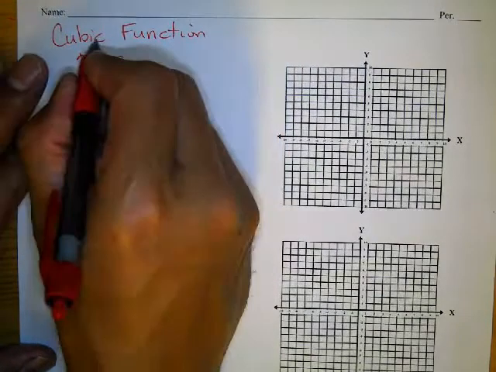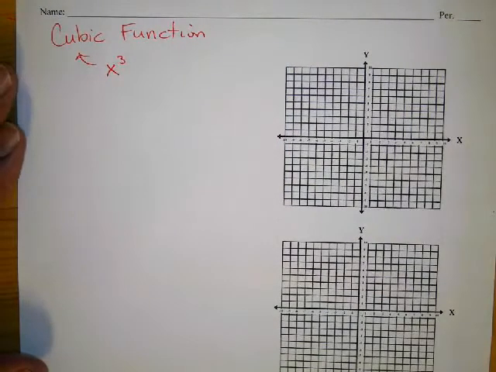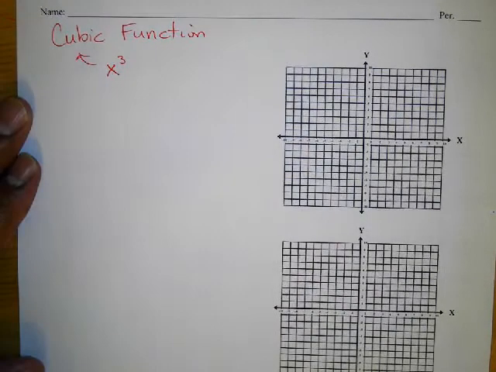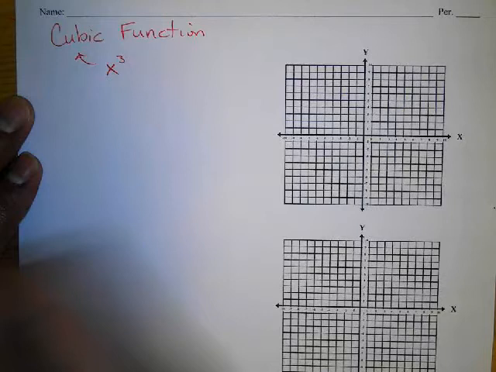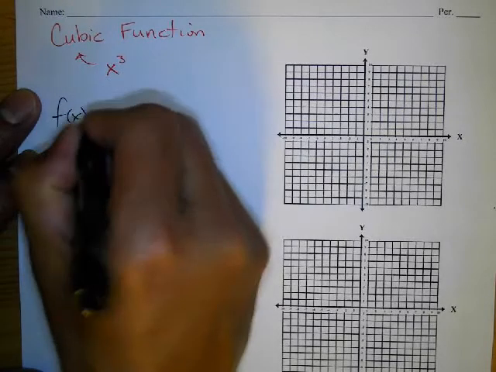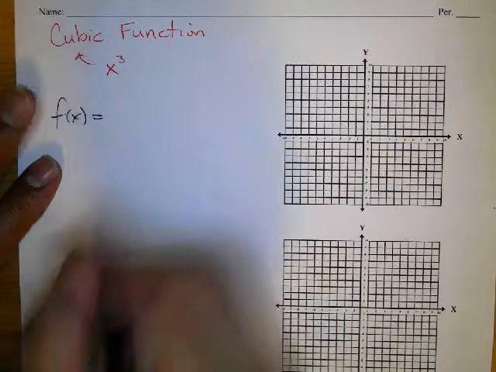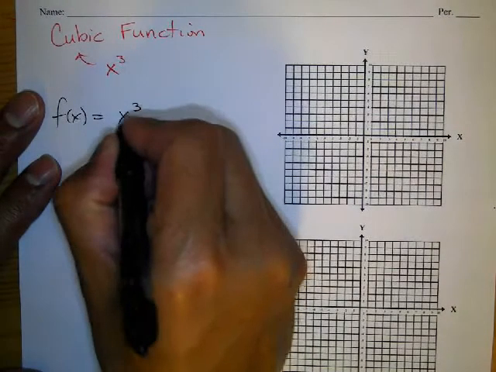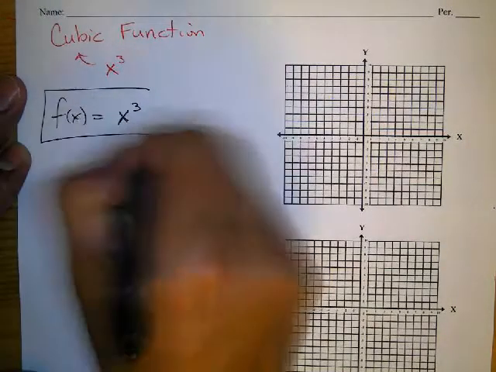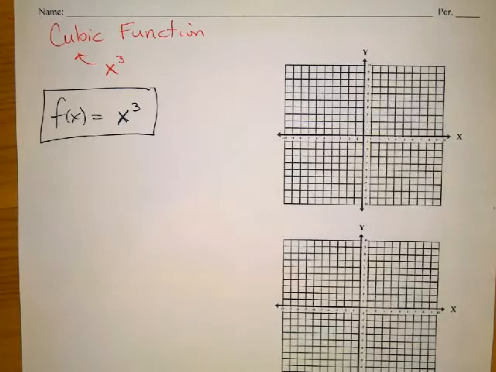Cubed, right? Cubed or cubic to the power of 3. Square or quadratic is to the power of 2. So it's not going to be a surprise. I'm sure you're going to know what the parent function is. F of x is equal to what? Well, if it's a cubic function, it's x to the power of 3. That is the parent function.